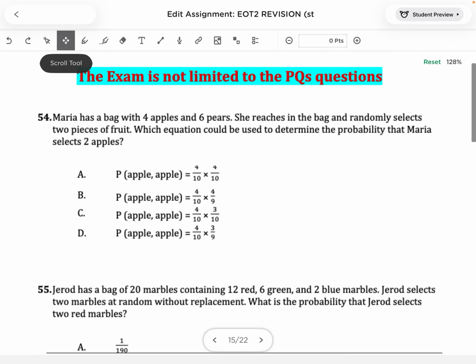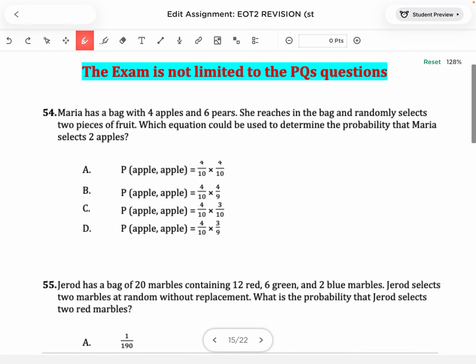Next. We have 4 apples and 6 pears. Each bag randomly selects 2 pieces of fruit. Selecting 2 apples depends on the question: with replacement or without.